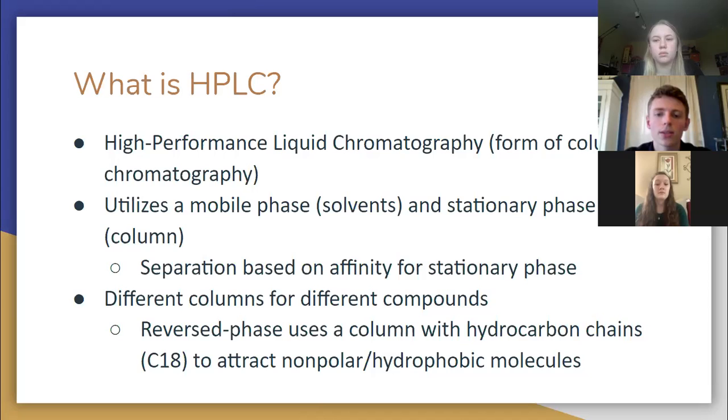The mobile phase passing over the hydrophobic stationary phase is a polar solvent containing the solutes, or in our case, the protein. We're using a C18 ligand, which is a hydrocarbon chain that is 18 carbons long and is attracted to nonpolar or hydrophobic molecules.